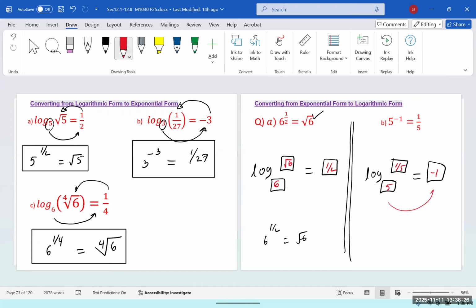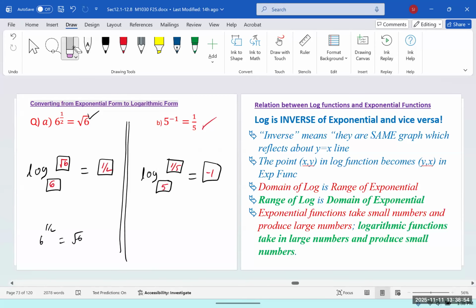Just let's check. 5 to the -1 equals 1/5. Yep, this is what is given to us. Any question? And you need to know this conversion because when you solve logarithmic equation, you have to convert them into exponential equation.